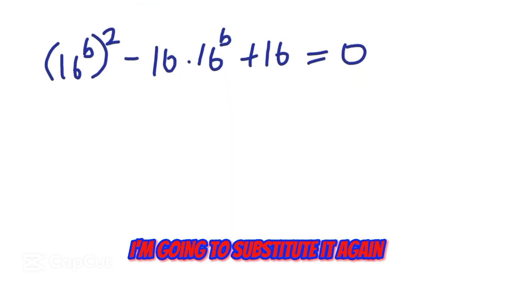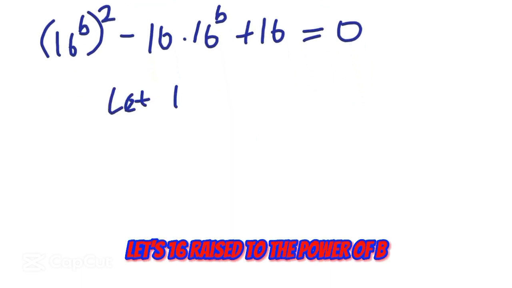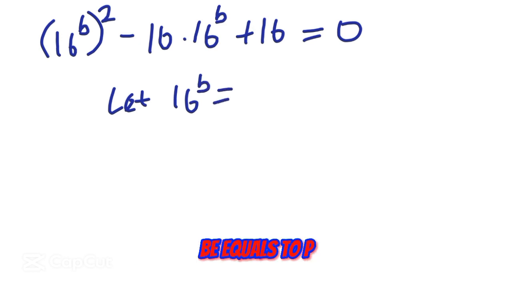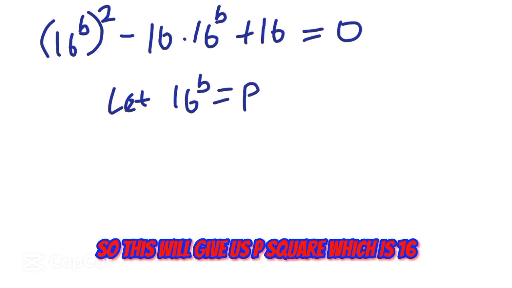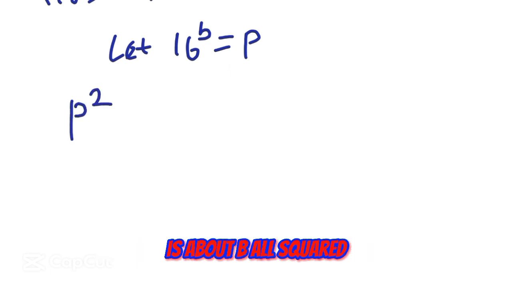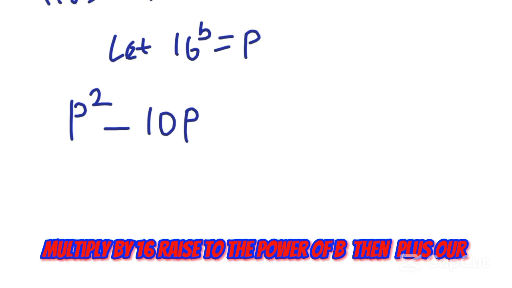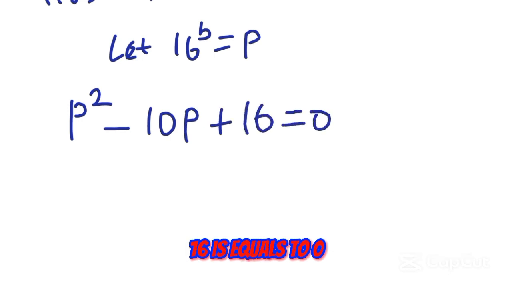Now we're going to substitute again. We can say let 16 raised to the power of b be equal to p. So this will give us p square, which is 16 raised to the power of b all square, minus 10p, which is 10 multiplied by 16 raised to the power of b, then plus our 16 is equal to 0.